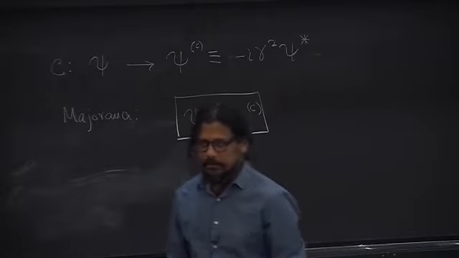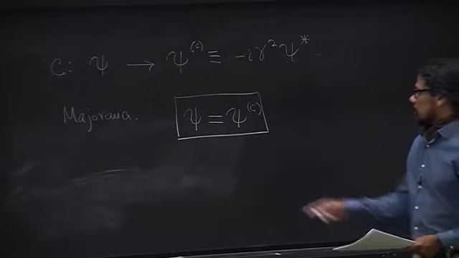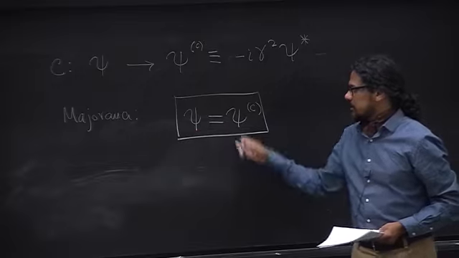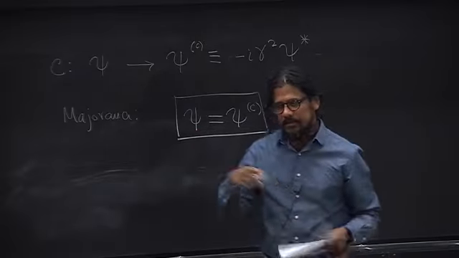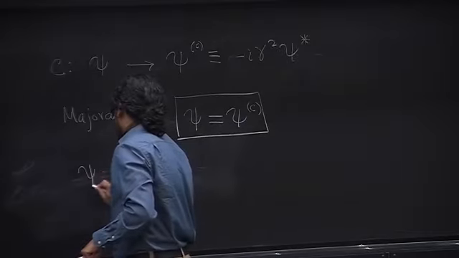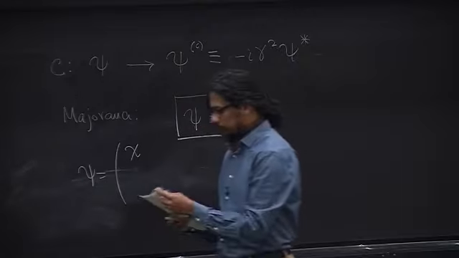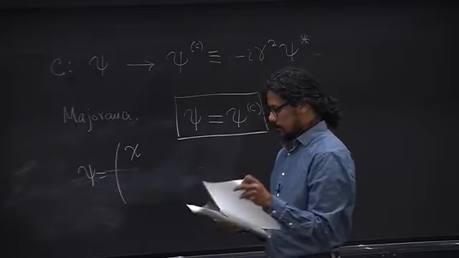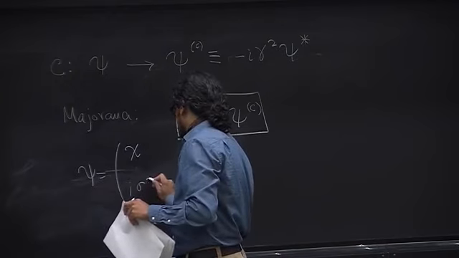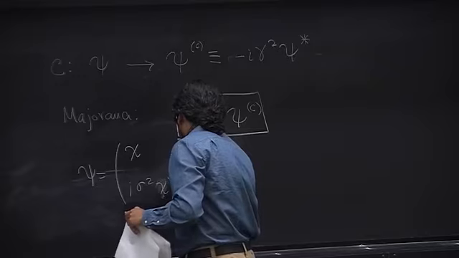Now if I write out the Dirac spinor in the Weyl basis, then this condition connects the left-handed and the right-handed components. The expression that you get is that if the left-handed component is chi, then the right-handed component is i sigma 2 chi star.